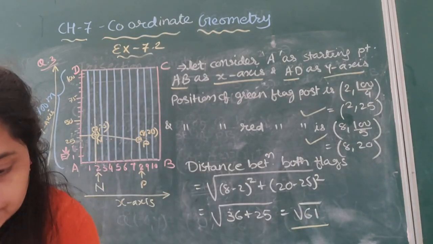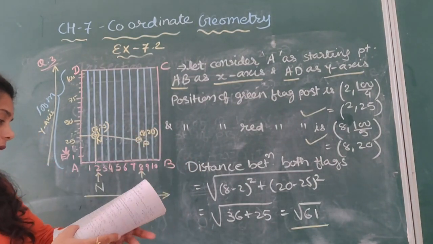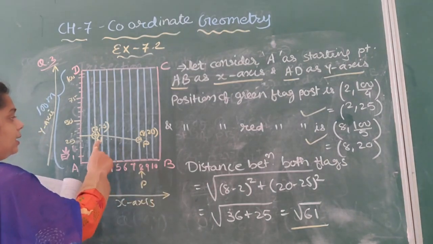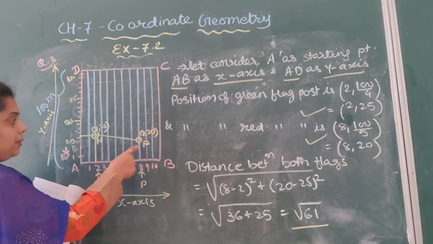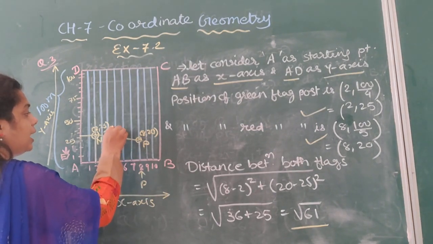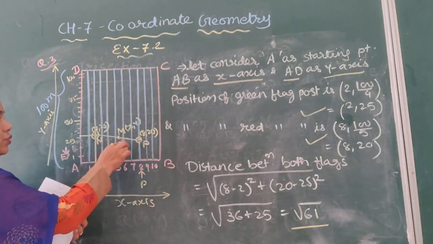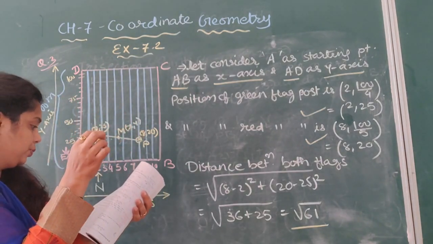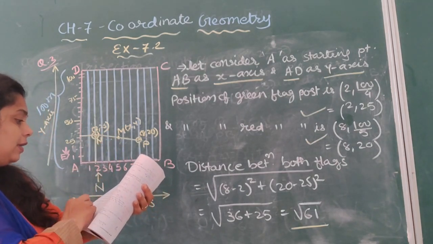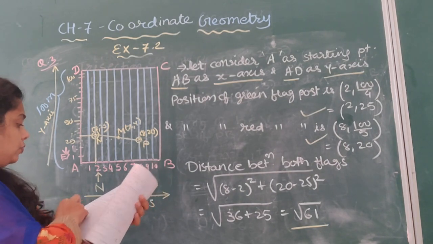Now next is, if Rashmi has to post a blue flag exactly halfway on the line segment NP, exactly in between at some point M with coordinates x, y, what are the coordinates of that point?